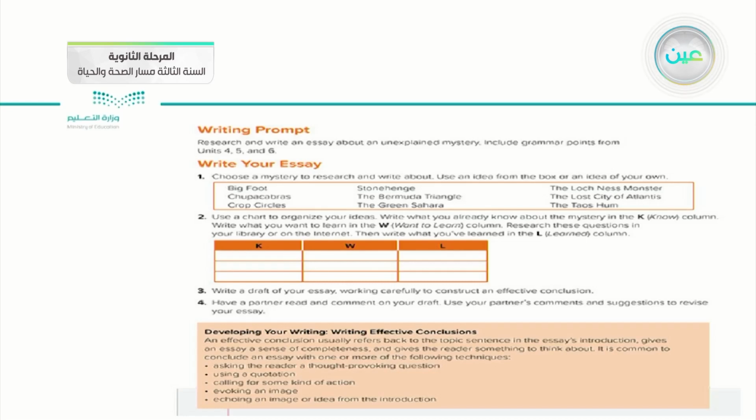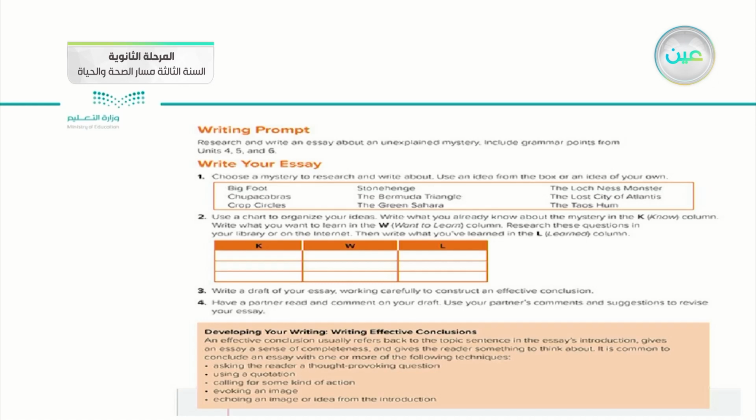Okay, now we want to apply the important directions for our essay today. The first one, they give us titles. Look at that one. We have 1, 2, 3, and maybe 9 ideas about your essay if you would like to write about them, or you can use your own ideas. Choose a mystery to research and write about. Use an idea from the box or an idea of your own.